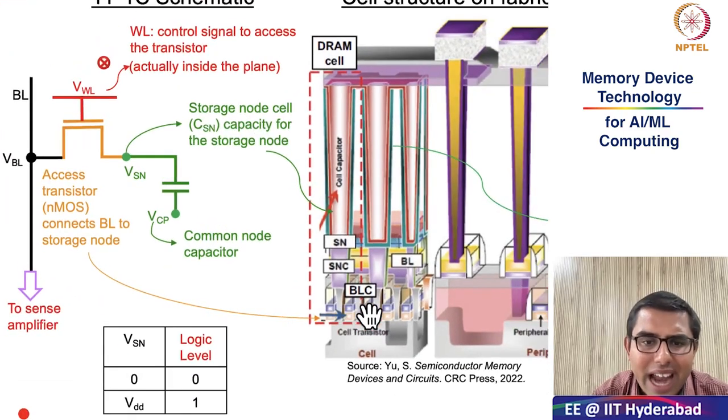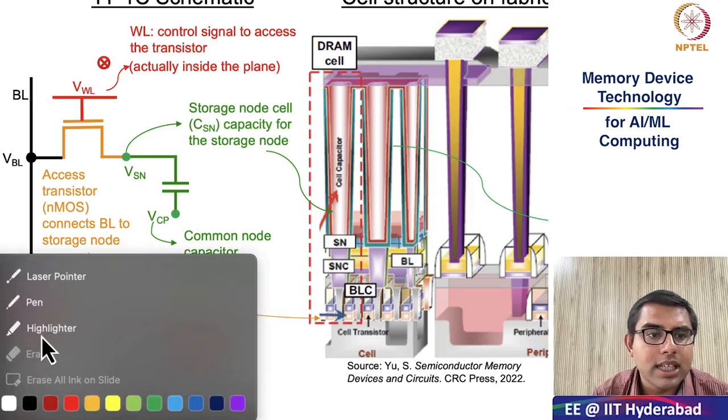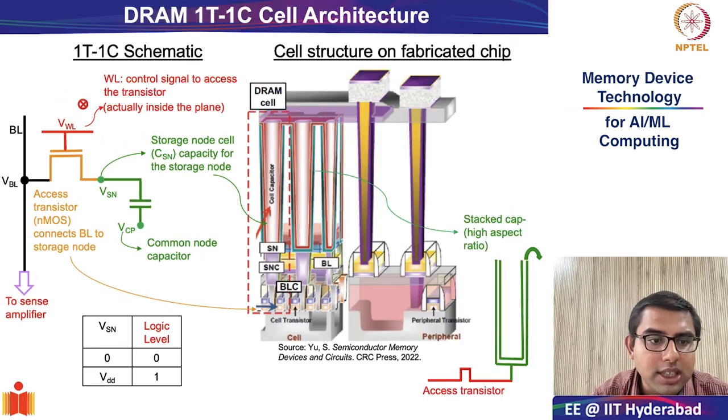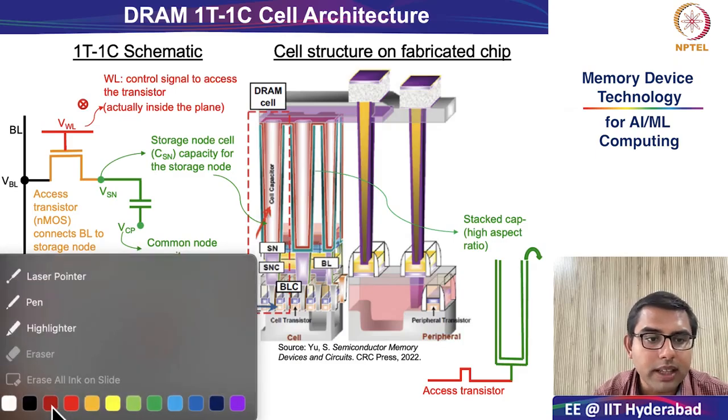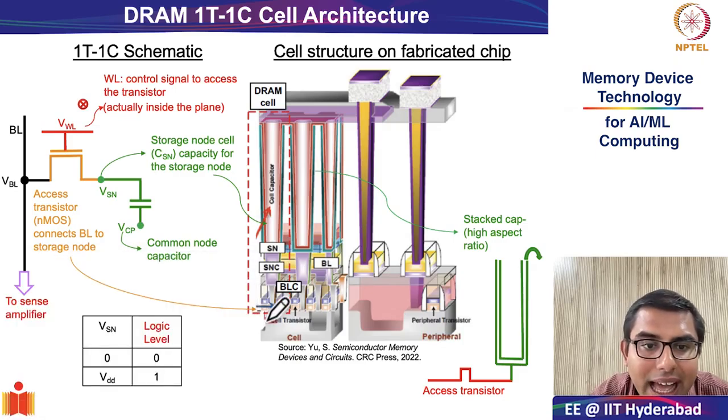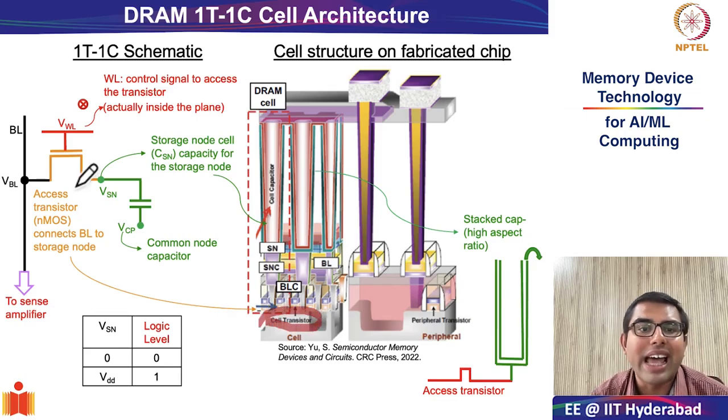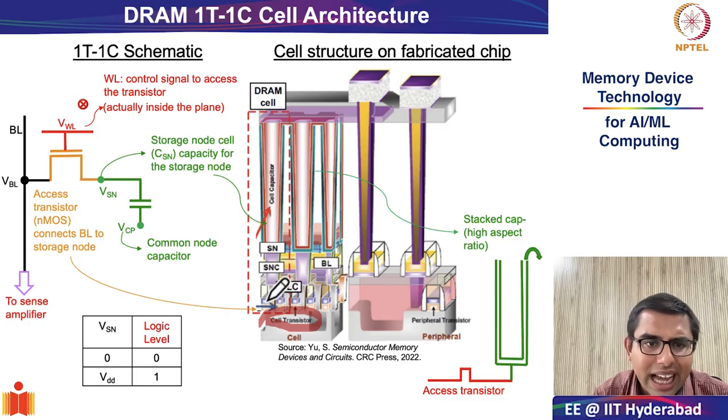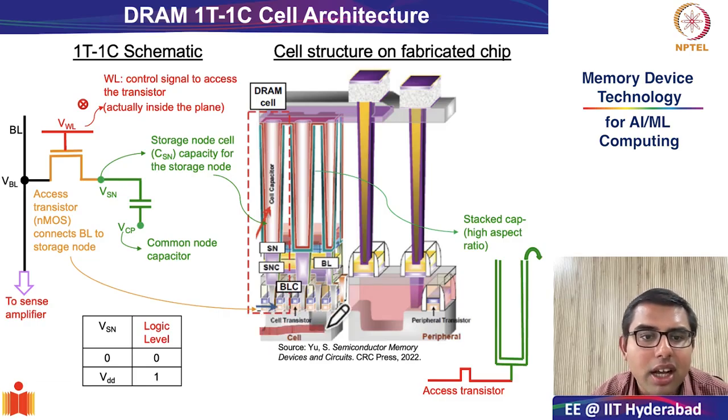As you can see, right at the bottom of the schematic, let me bring out the highlighter, you have your cell transistor. Your cell transistor is nothing but your access transistor. Your access transistor is actually very, very teeny tiny compared to the entire cell.